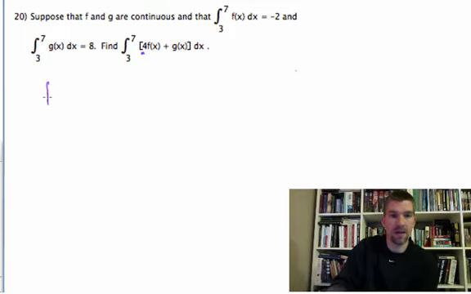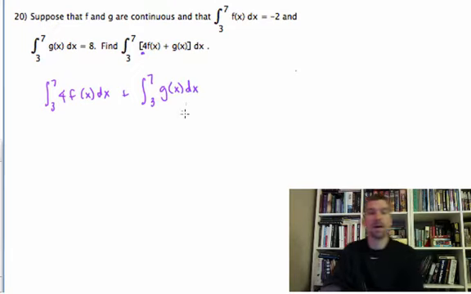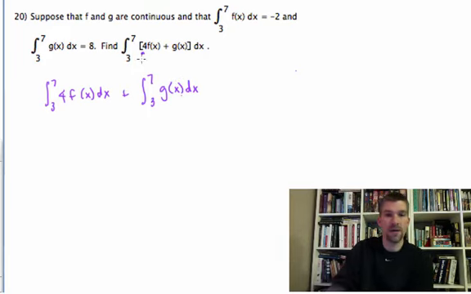I'm going to have the integral from 3 to 7 of 4f(x) dx plus the integral from 3 to 7 of g(x) dx. I know the g(x) integral because I was given that, so this guy is going to equal 8. The thing I don't know is the 4f(x) dx.